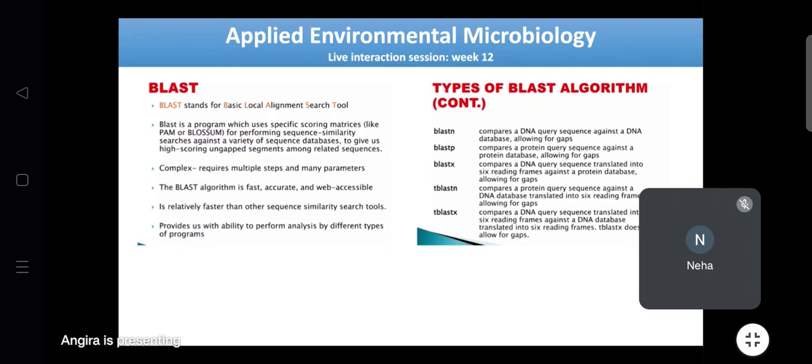In TBLASTX, we compare a DNA query sequence translated into 6 reading frames against a DNA database that is also translated into 6 reading frames. TBLASTX does not allow gaps. So as you can see, there can be multiple comparisons. DNA can be compared to DNA, sometimes a DNA query sequence can be translated and compared to a protein database, and the reverse can also happen. So many options are there.